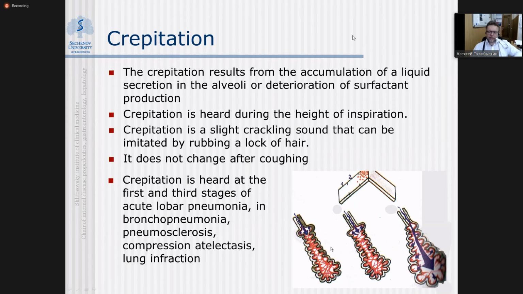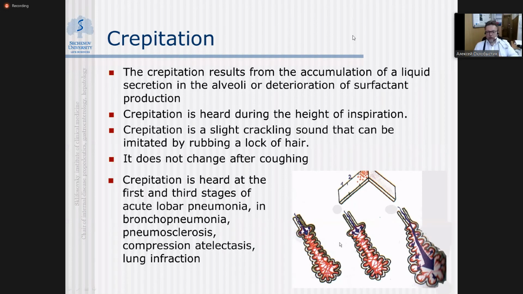Sometimes it may be seen in patients with fibrosis of the parenchyma that surrounds the alveoli, where very stiff tissue impairs normal expansion of the alveoli and normal entry of air into the pulmonary parenchyma. More rarely, it may be seen in patients with atelectasis, typically compression atelectasis.